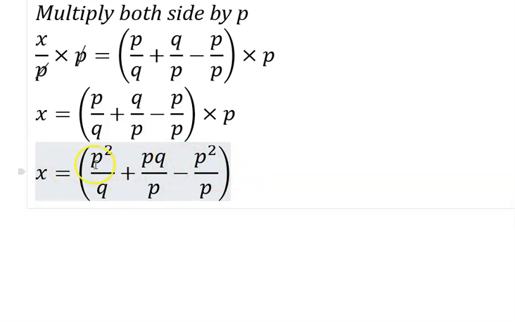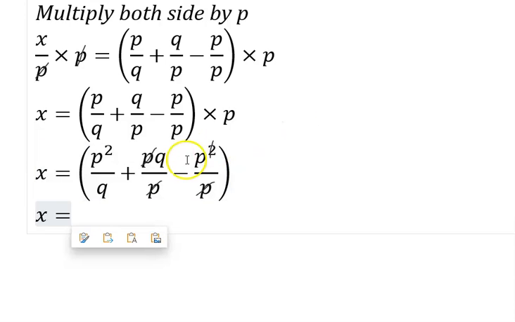So all you just need to do now, because you have a p here, it can cancel out this p that is here. This is p squared here. One of them can cancel out this p that you have here. So by implication, it means your x can now be p squared over q.